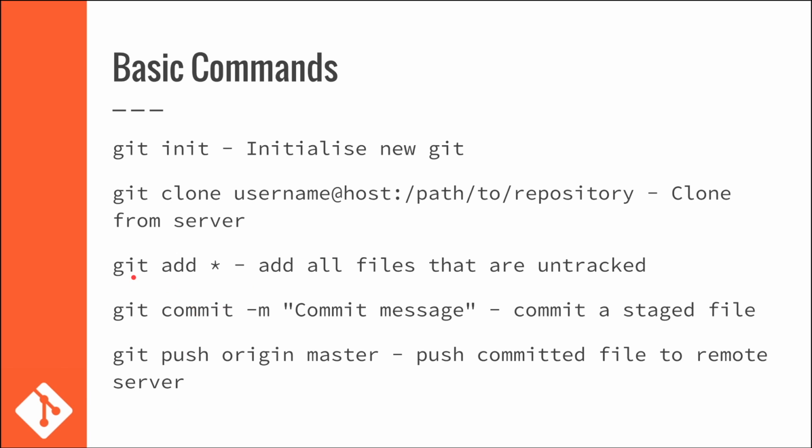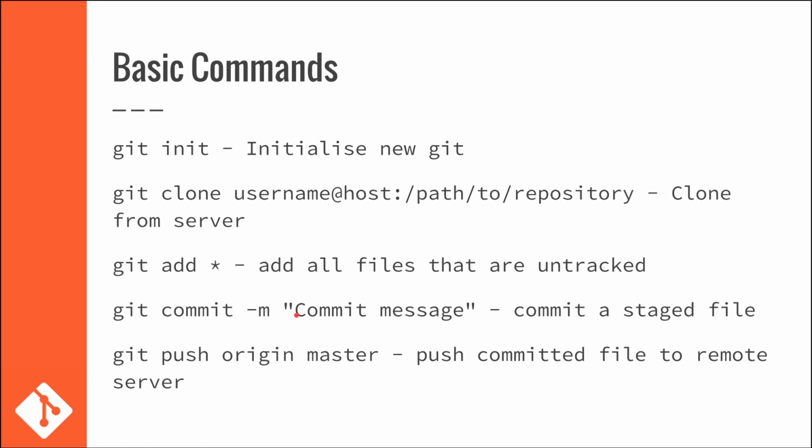Now diving into some of the meat of Git, we have the git add command, and git add will add a file to our staging area. Git commit will then take those staged changes and commit them to our local repository.